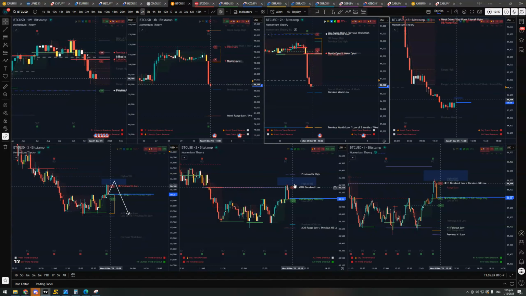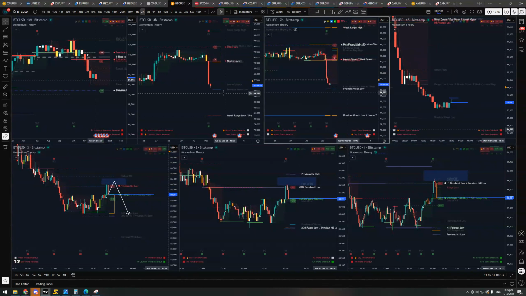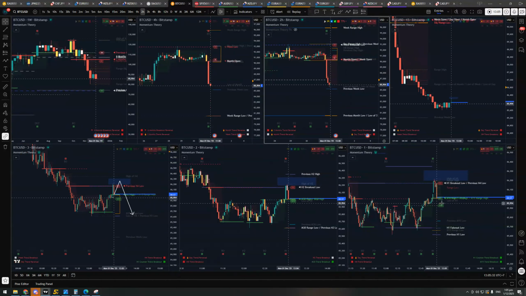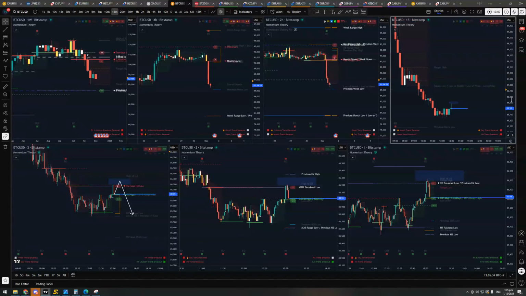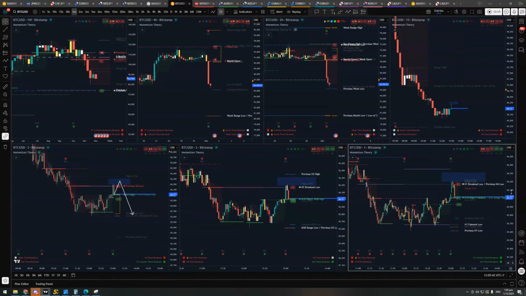This one's all right, but no rejection at the top. Okay, so I guess I'm going to be looking at these three time frames. I definitely would prefer one of these time frames to give me a bullish breakout first before looking for an entry.